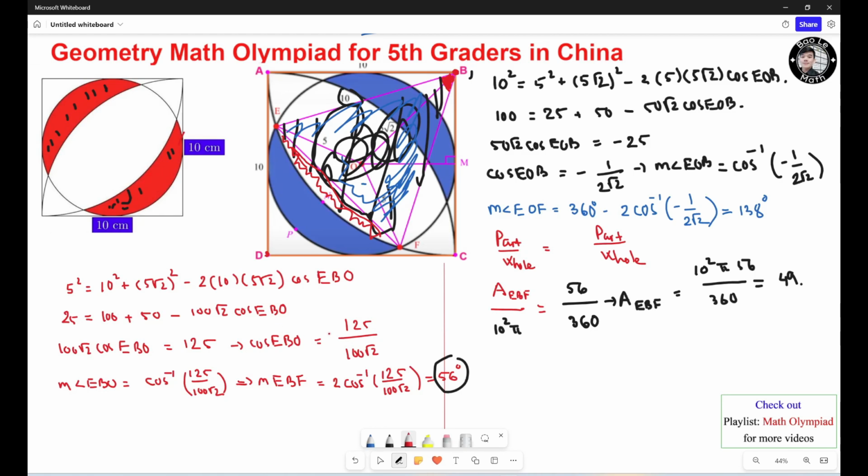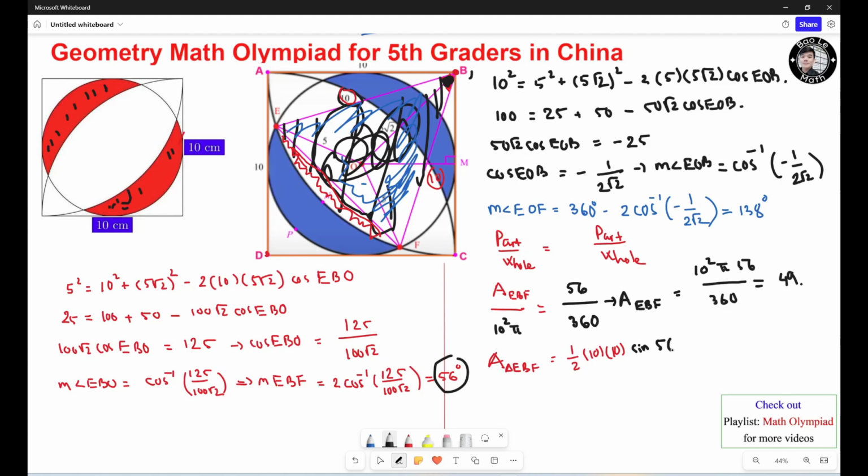All right, so we need to calculate the area of the triangle EBF. It's going to be 1/2 times 10 times 10, the product of two sides, and then multiply by the sine of the measure of angle EBF, but EBF equals 56 right here.